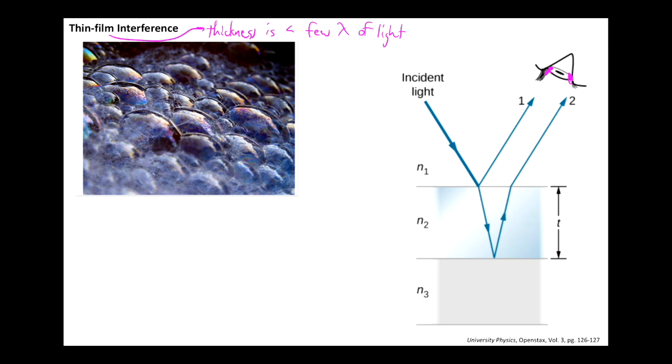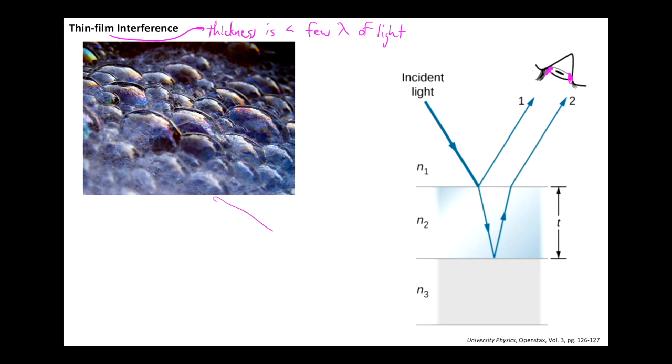If we were to talk specifically about something like a soap bubble, what you really have is air on top, and then some soapy water, if you want to think about it that way. The thin film is soapy water, so it might as well just be water, okay? And then inside the bubble, air once again. So it's the soap bubble thickness, which is what we're talking about, and it's incredibly thin.